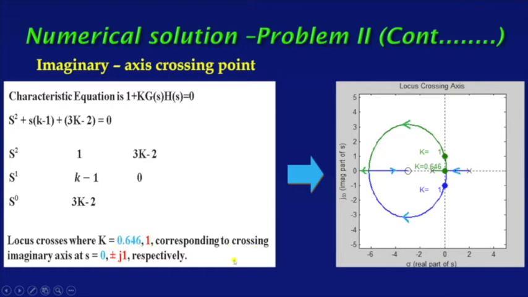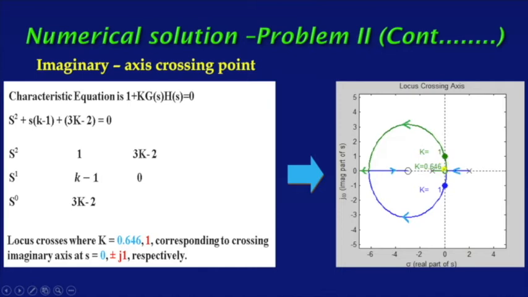Corresponding to this value, we get s equal to 0. Another is plus minus j1. That means at that point, s equal to plus minus j1 when k equal to 0.604.